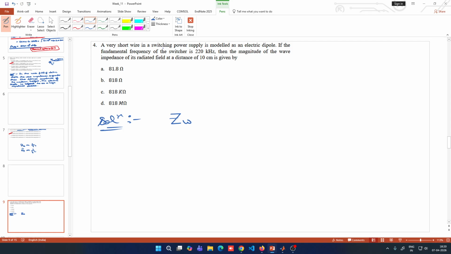The wire is very short, so it is acting as an electric dipole, meaning it is acting as a radiator like an antenna. Now we have to find the wave impedance of its radiated field at a distance of 10 centimeters.